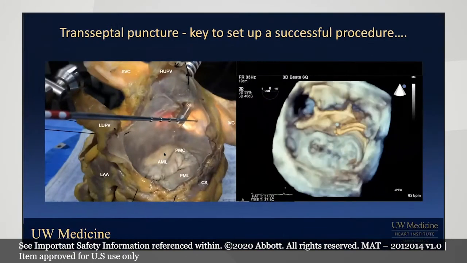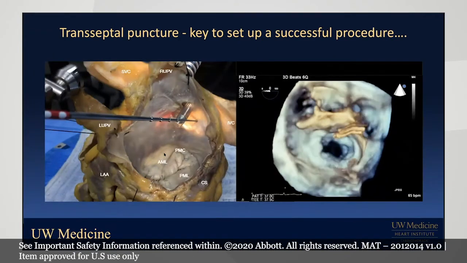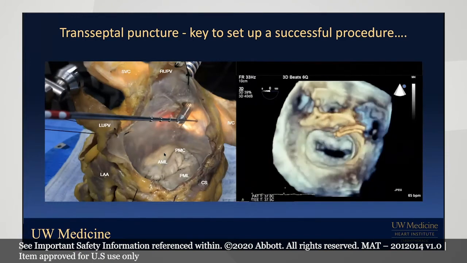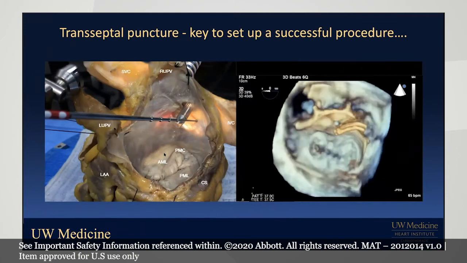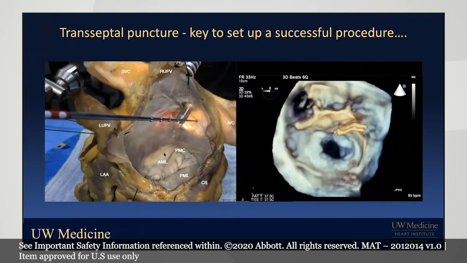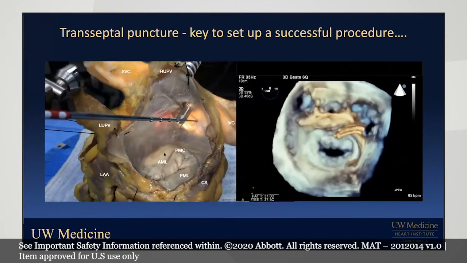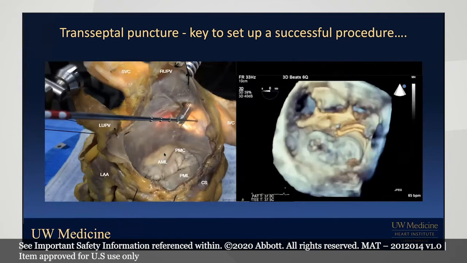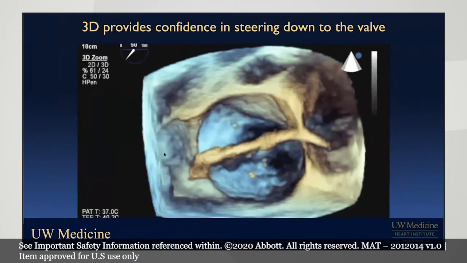Now, once we have that transeptal puncture, we certainly follow with the guide catheter. I'm showing here, again, an image from our cadaveric setup where you have the transeptal puncture illuminated, as well as the right side image, which is a 3D en face view, really showing that point of transeptal puncture and the guide delivery system being across in the left atrium.